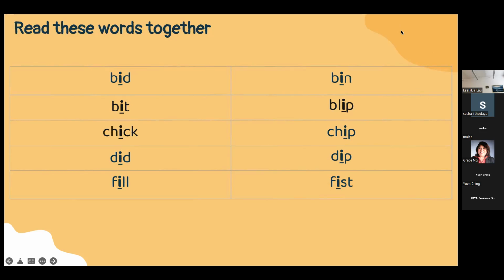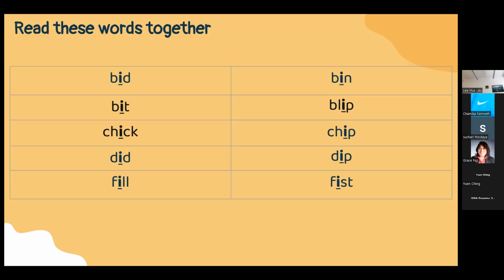Bin. So it's a short one. So you follow the I goes "if". So it's bin. Okay, the next word. Bit. Yes. And the next word. Blip. So it's a short one.